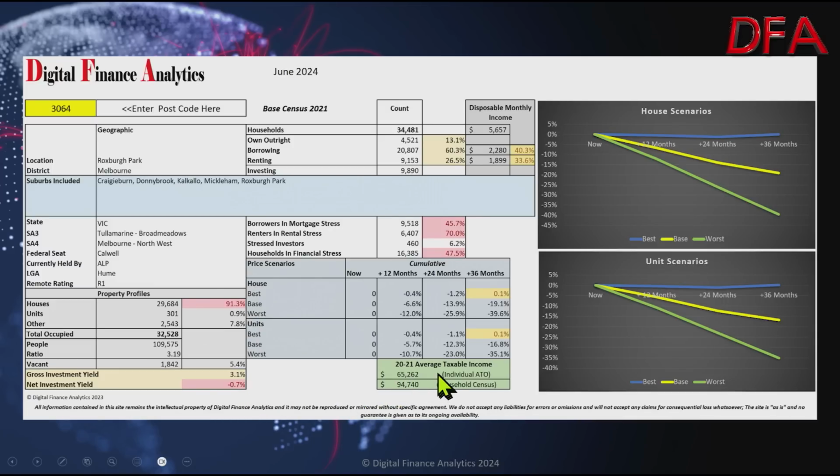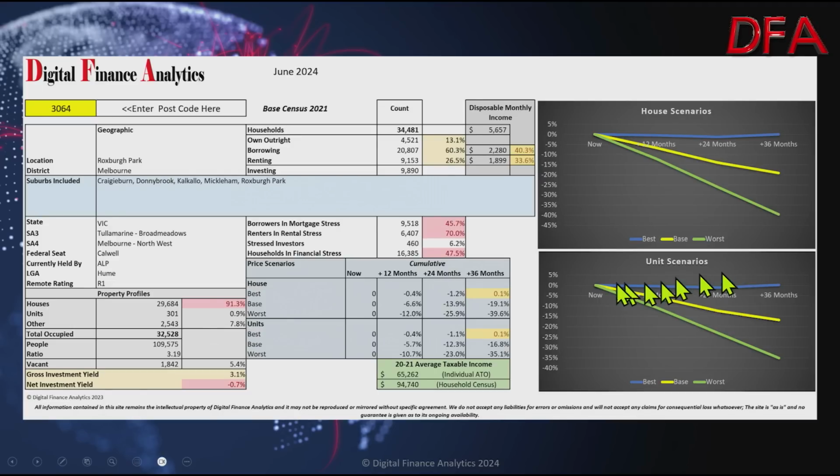Looking at the ATO data, 65,000 on an individual basis, 94,000 on the household basis. That tells me that there are multiple incomes going to pay the mortgage. That gives a disposable monthly income around $5,600, with 40%, $2,280 going on the typical mortgage, and a third, $1,899 a month going on the typical rent.